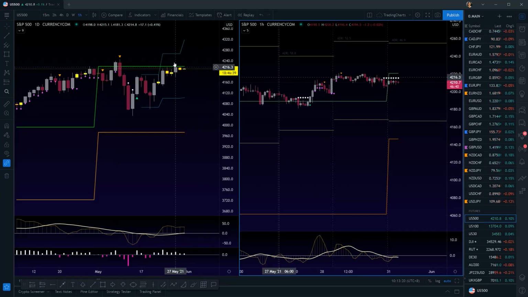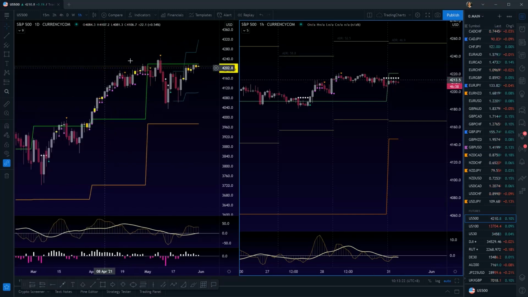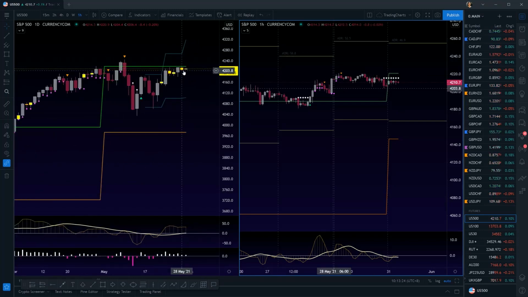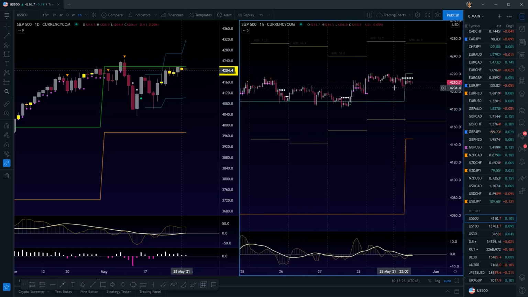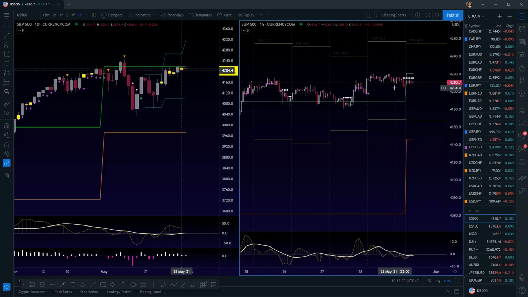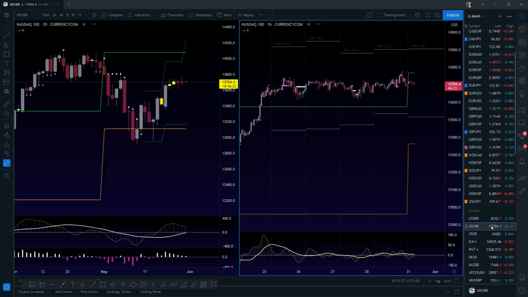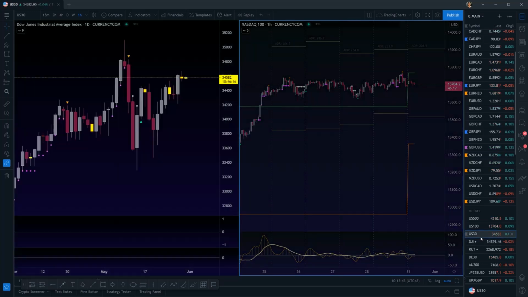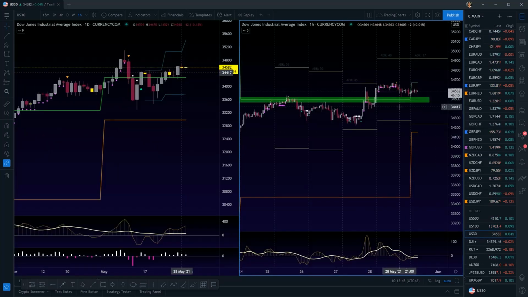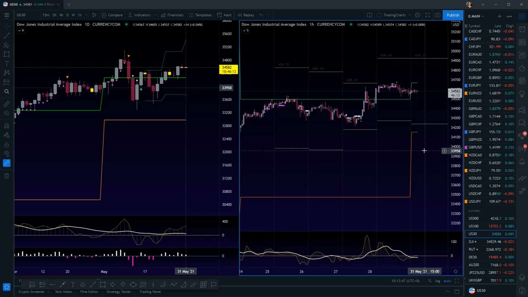S&P 500 right at the monthly previous month high level, narrow range trading, so we're still waiting for range expansion. It's been pretty tight, 1, 2, 3 the whole of last week, so nothing. Nasdaq, nothing as well. It's been a slow week. Let's remove this.